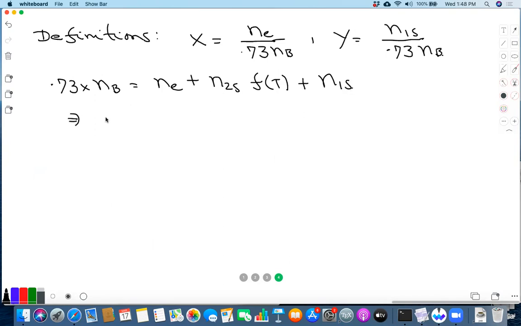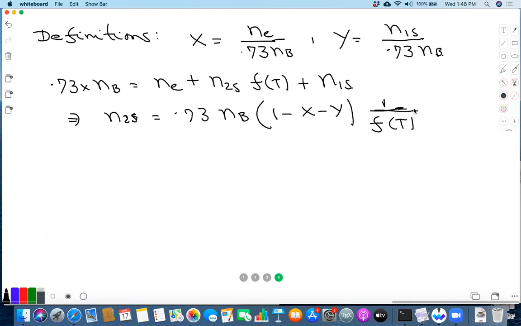So this tells us that N2S is given by 0.73 NB times 1 minus X minus Y times 1 over F of T. Is this okay? Is this clear?